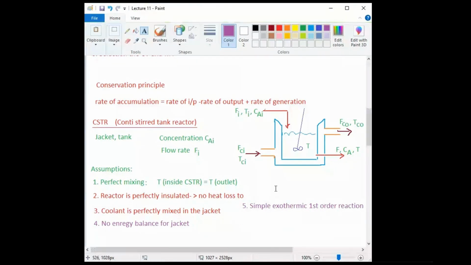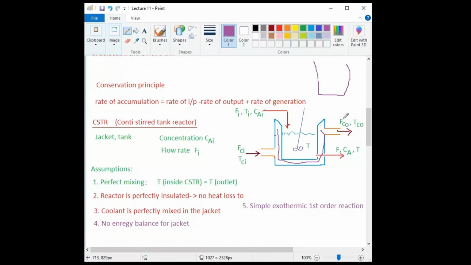So for removing this heat, we are providing coolant. So what is the jacket here? This is the jacket, the outer one. This was a tank.